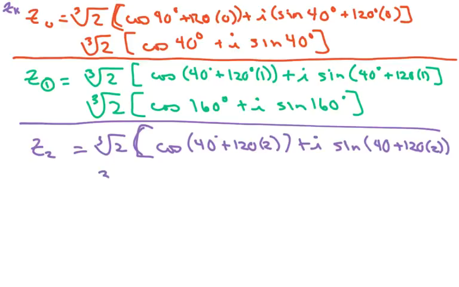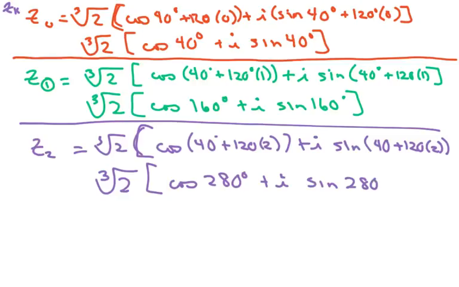You simplify that, you get the cube root of 2 cosine of 280 plus i times sine of 280 degrees. All right?